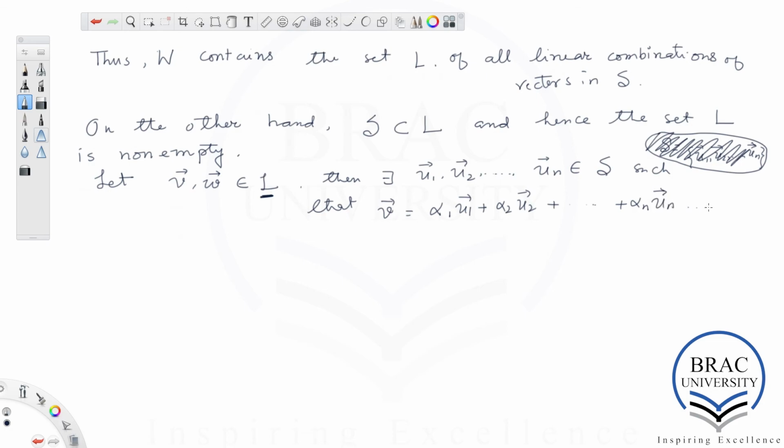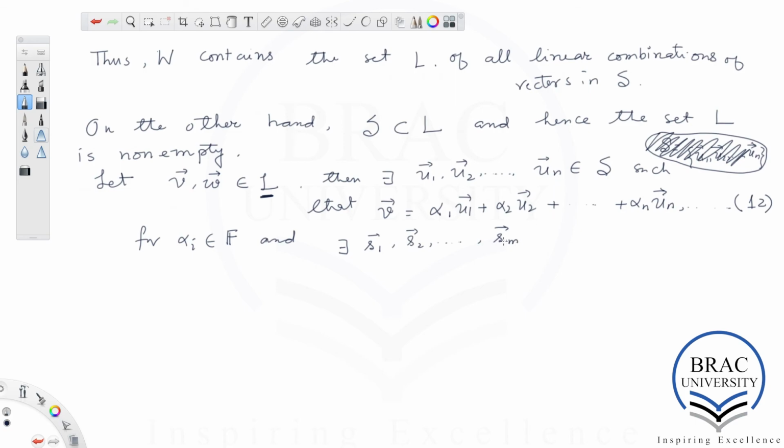Let me number this equation 12. This holds for alpha i belonging to the field F. These alpha i's are in the ground field F, and there exist vectors s1, s2, all the way up to sm, where m need not be the same as n. They can be in general different.